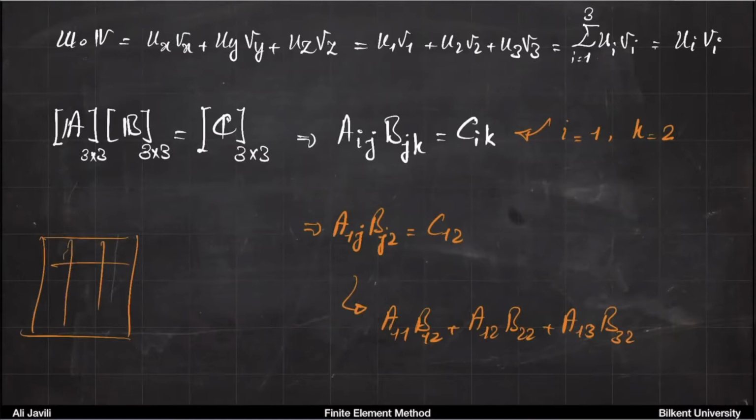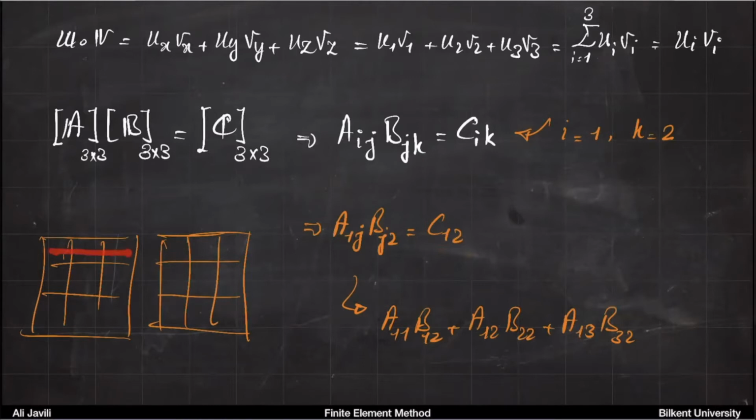Okay, and as I mentioned, if this is your matrix A and it has 3 components in each direction, and this is matrix B, and you want the first row, second column of the multiplied matrix, this would be the first row of A times the second column of B, right? That's how you multiply it. So that is exactly what we have written here: A11 times B12, then A12 times B22, then A13 times B32.